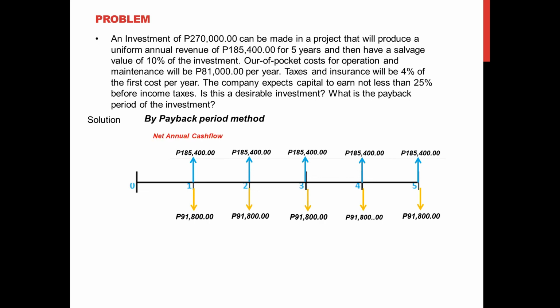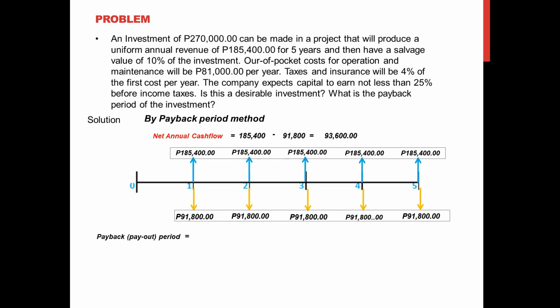So the net annual cash flow now will be equal to the difference between these two, which is equal to 185,400 minus 91,800. Hence, we have here 93,600 pesos. Now, I want you to observe that your net annual cash flow calculation yielded a positive.